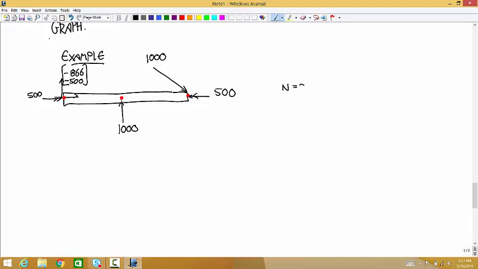So n is equal to 3, which means we're going to have 2 cuts, and our piecewise functions are going to be made up of 2 subfunctions for each internal load.